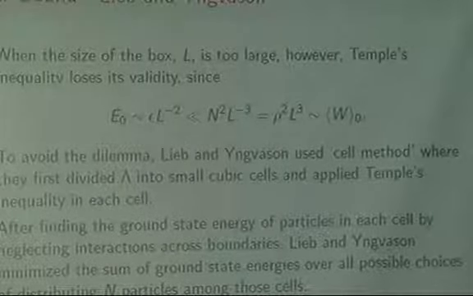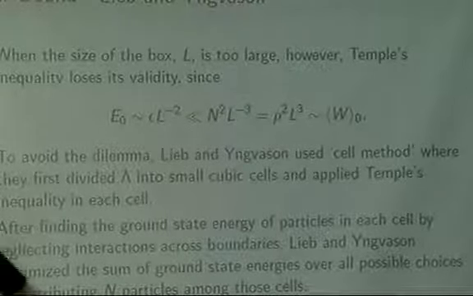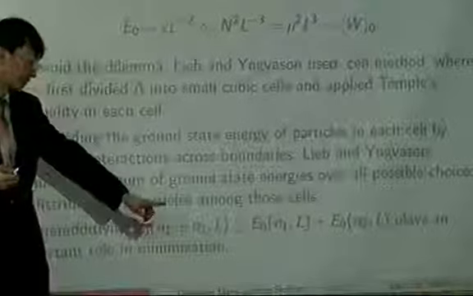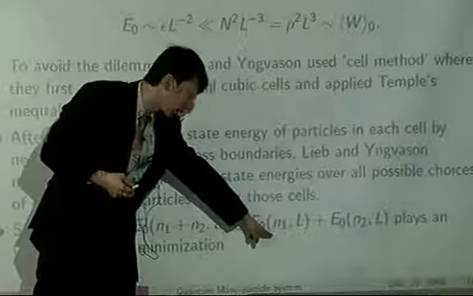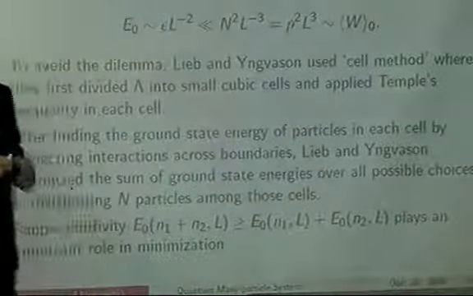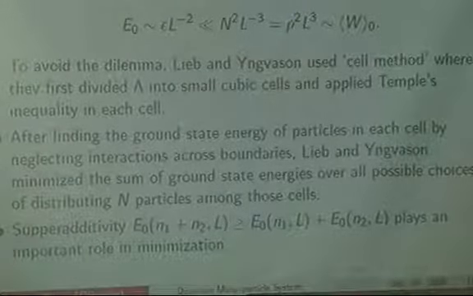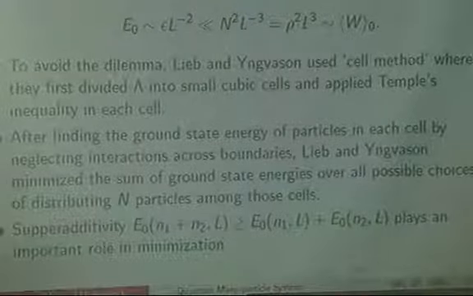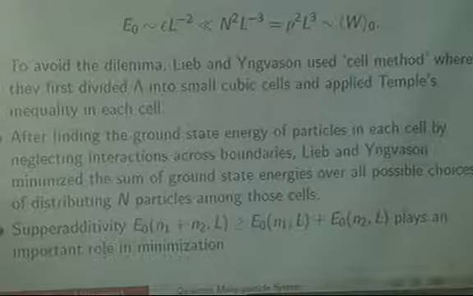But if you do the right thing, and if you use the super additivity, which means that if you have N1 particles and N2 particles in a box, then the ground state energy is bigger than the sum of the energies for N1 particles and N2 particles. When B is larger than 0, everything is very easy, because if you just ignore the interactions between two particles, then the energy just decreases.